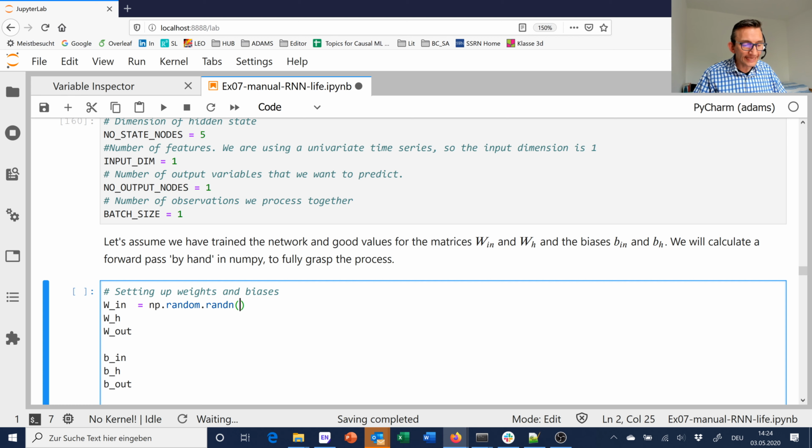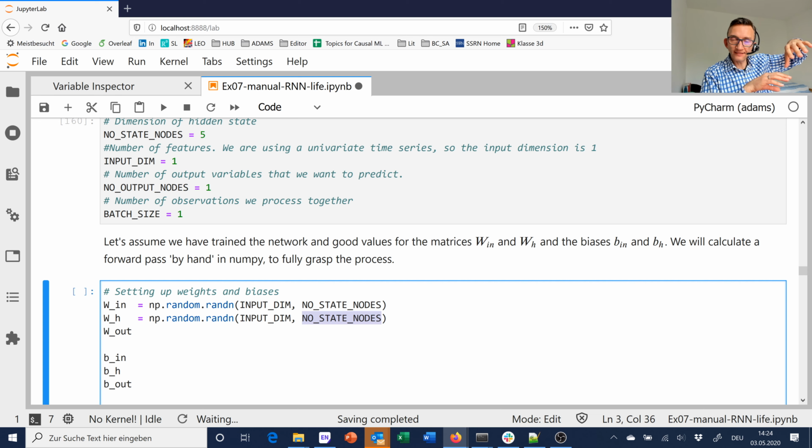So input to hidden, that is where we need the number of input nodes, and my variable is input dim, and the number of state nodes, which is the size of my hidden layer. Let's copy paste that and see what we need to change for WH.